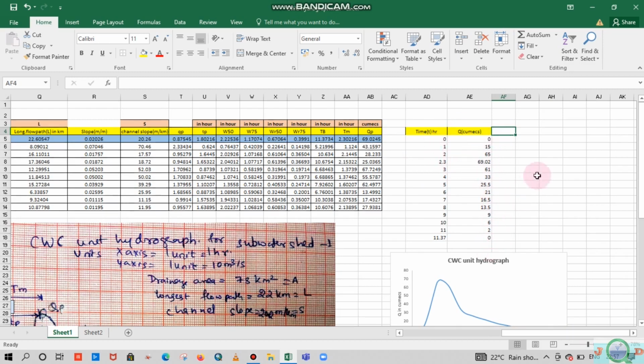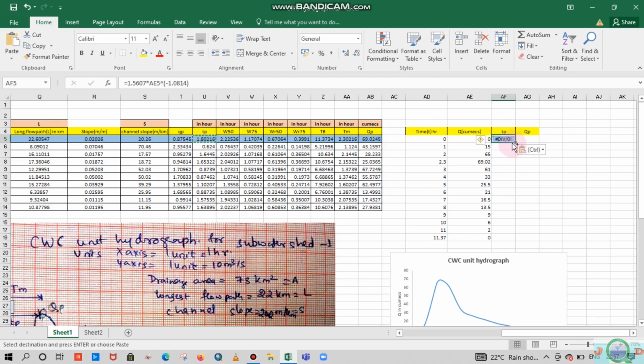So let's do that. So here the T, and here TP and QP. So TP, we know this value, TP is 1.802.